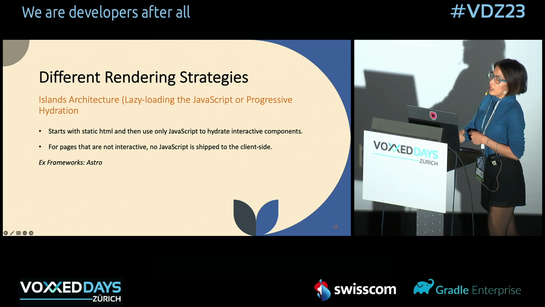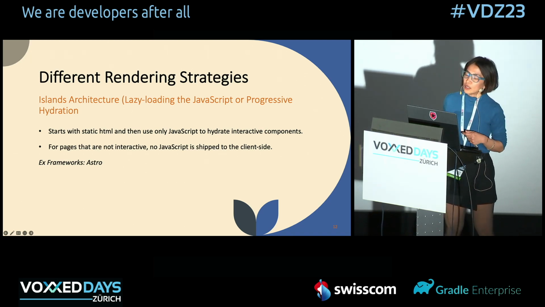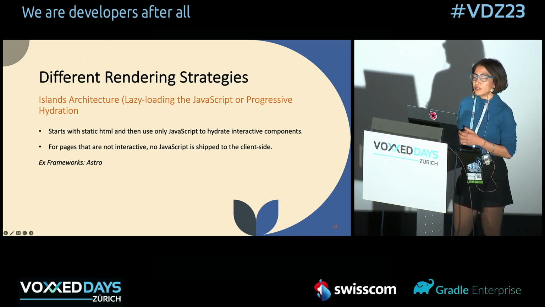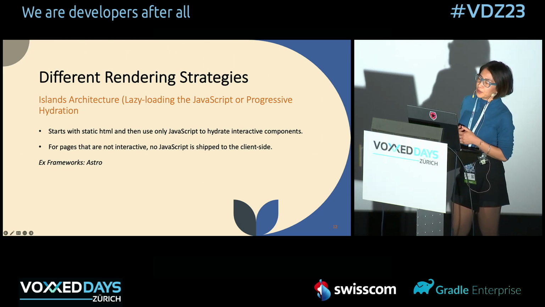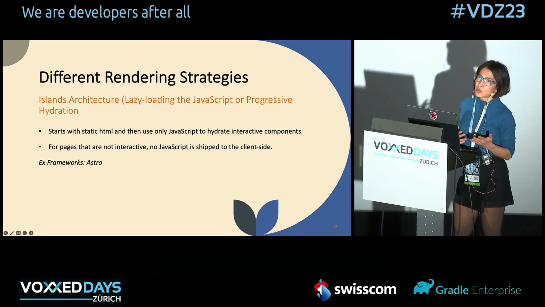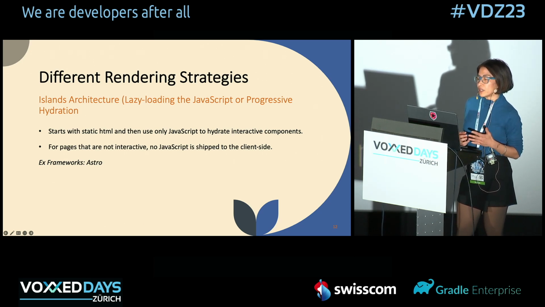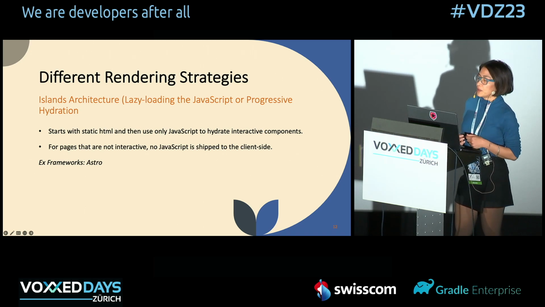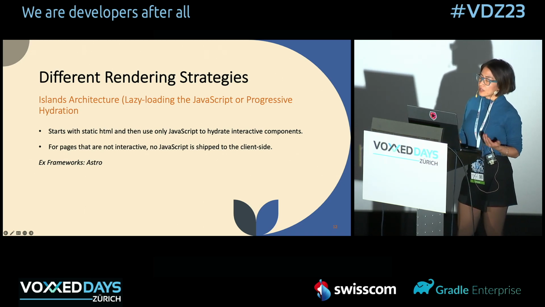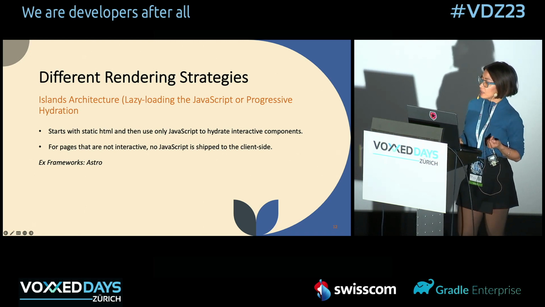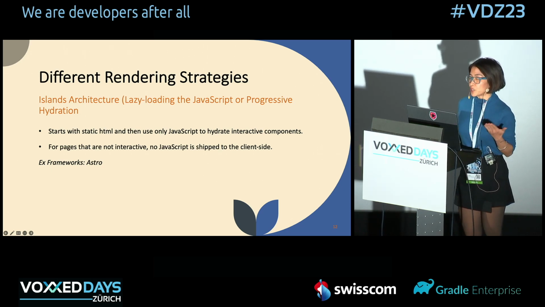But it is possible to render more efficiently with islands architecture. With hydration, JavaScript takes over the entire page, but that's not very efficient because many components are static and not interactive at all.